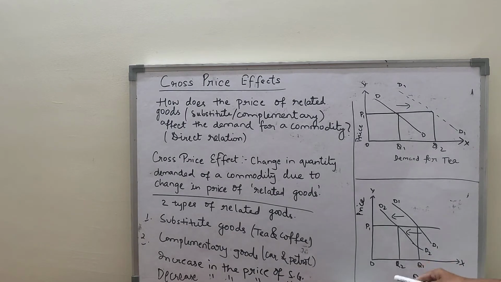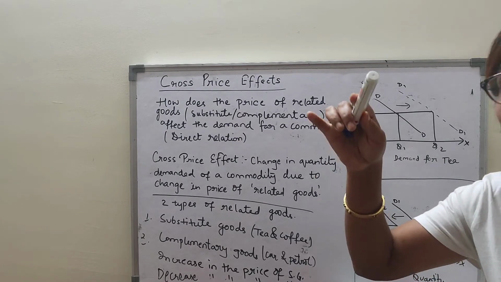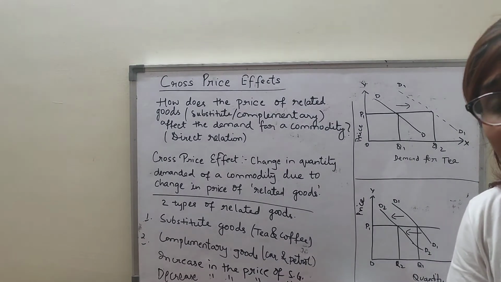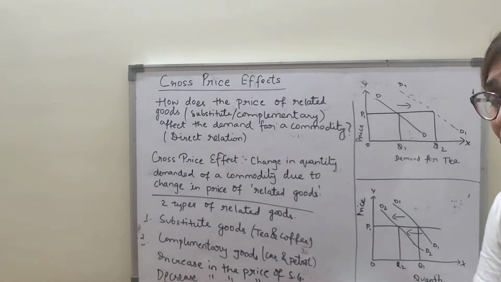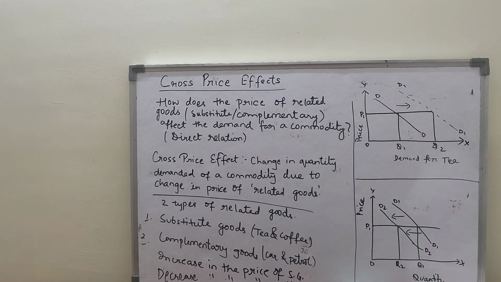So see, initially my price of tea was OP1 and my quantity demanded of tea is OQ1. Now when the price of coffee decreases, my demand for tea also decreases. Why? Because consumer will demand more coffee now. Because coffee is relatively cheaper, so my demand curve will shift backward.